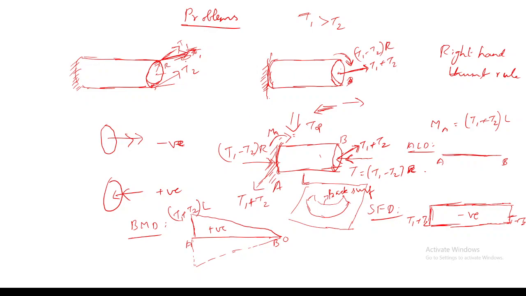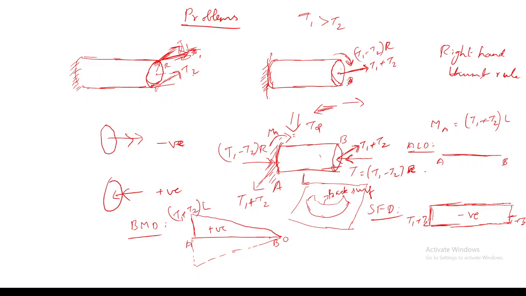See, for example, imagine this as a belt drive, which is turning this pulley or shaft. By belt drives we know T1 will be greater than T2, right? And I have attached one end of this shaft.